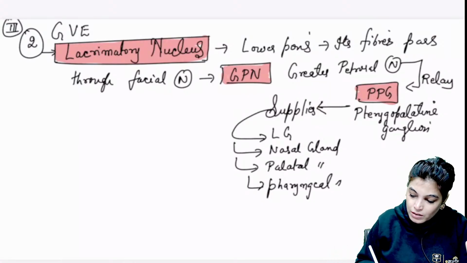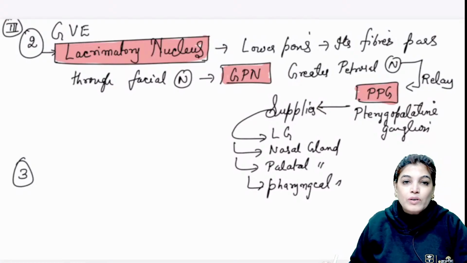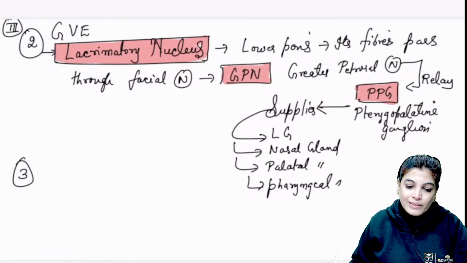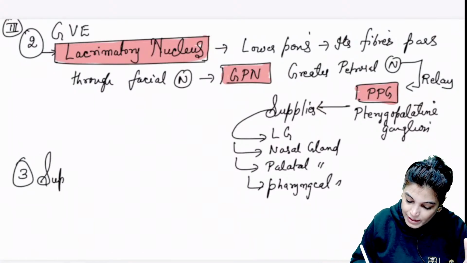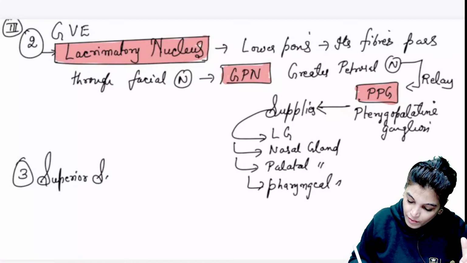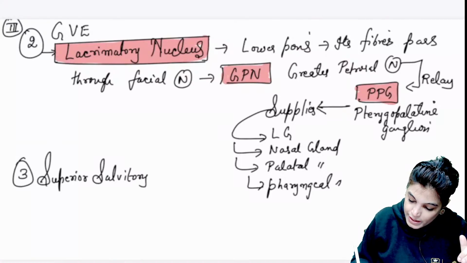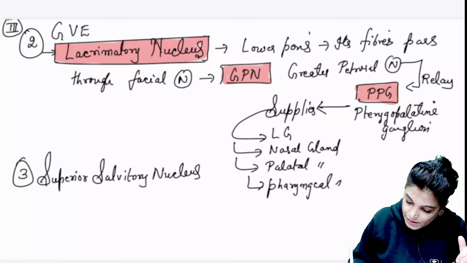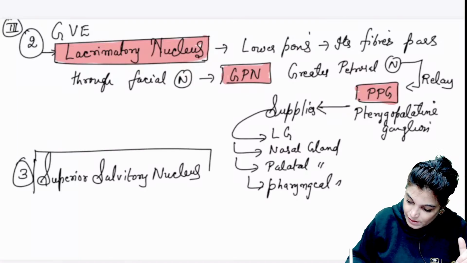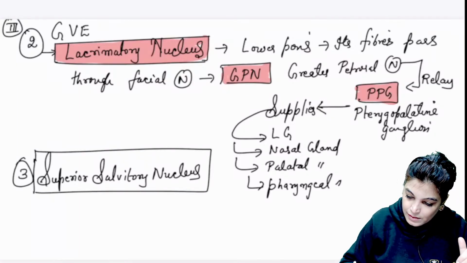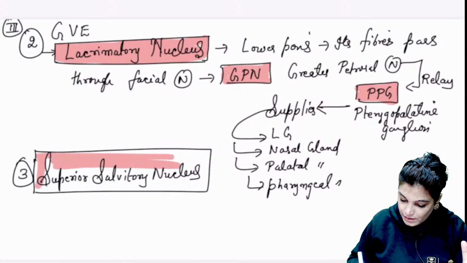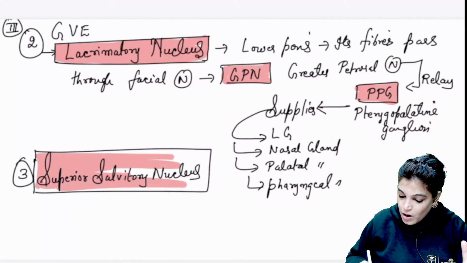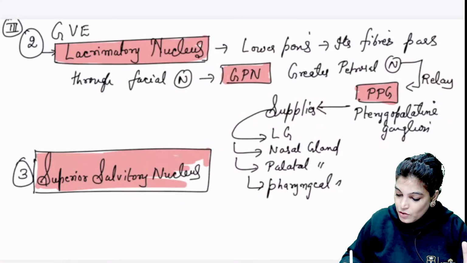Now talking about the third cranial nerve nucleus in the category of general visceral efferent, we have the superior salivary nucleus.